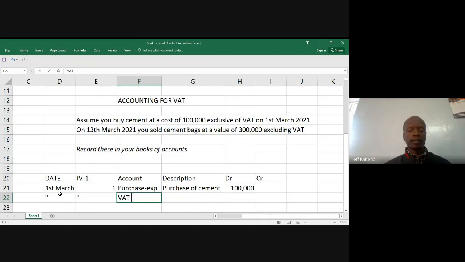So you'll put this to your VAT control account, and then you'll say VAT on cement purchased. It will be 16,000 because it is 16%.